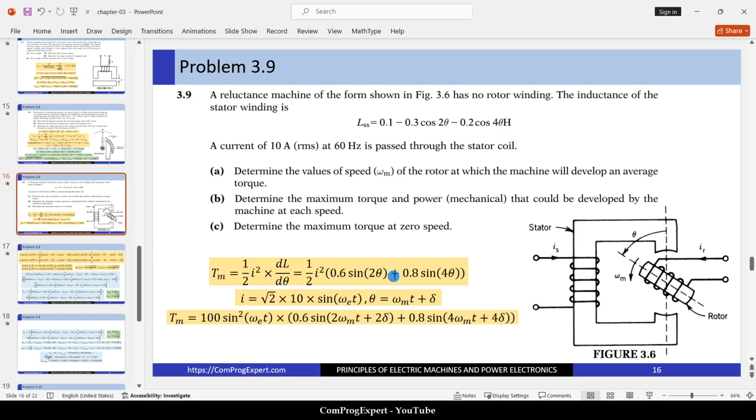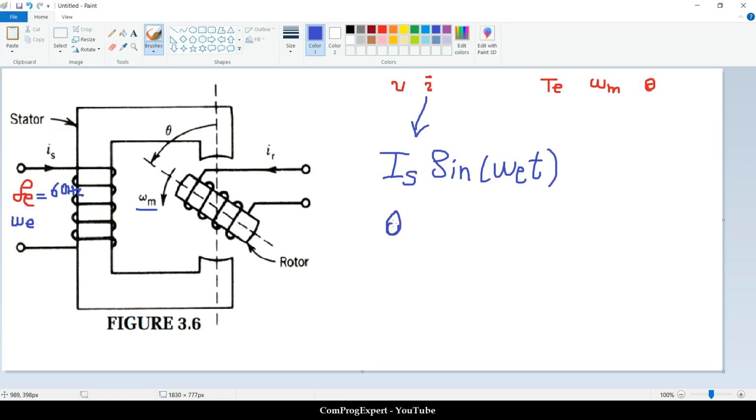What is theta? Theta is this angle, the angle of the center axis of this moving object with respect to this axis, that is for the stator or the stationary part. I can assume this function for it, theta equal to omega m, the angular mechanical speed, times time plus delta.